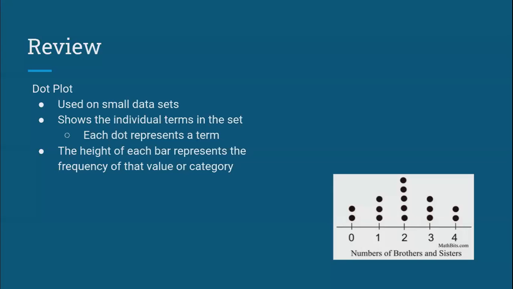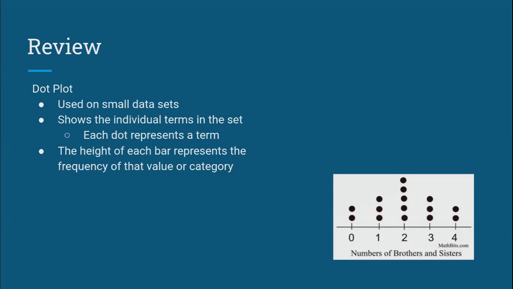So from this graph, we can make comparisons. We can say those people who have 1 sibling and those people who have 3 siblings are the same, because we can see the terms. Most people have 2 siblings.